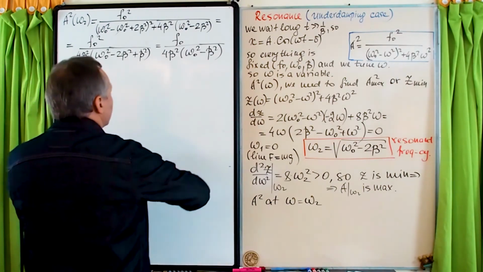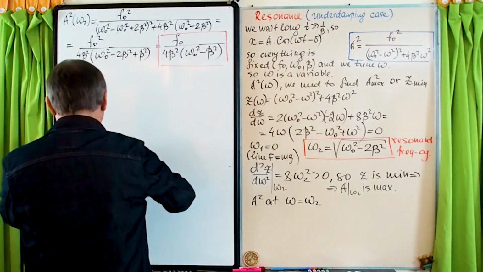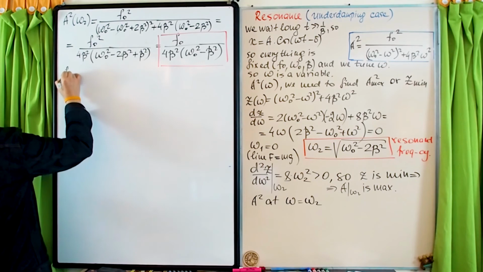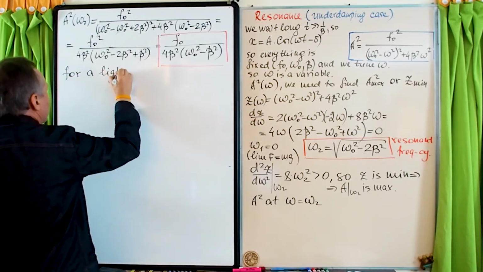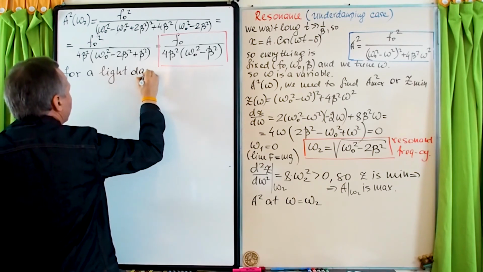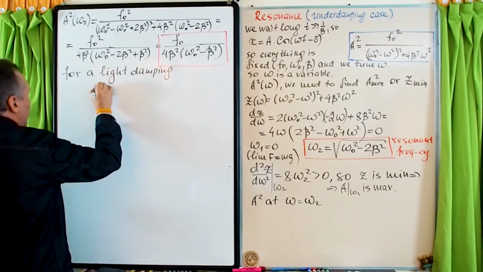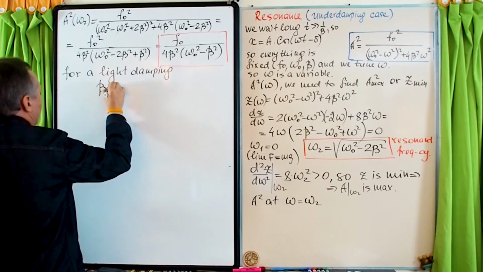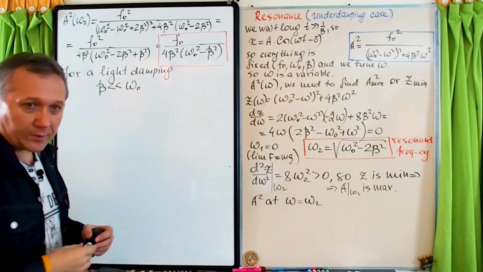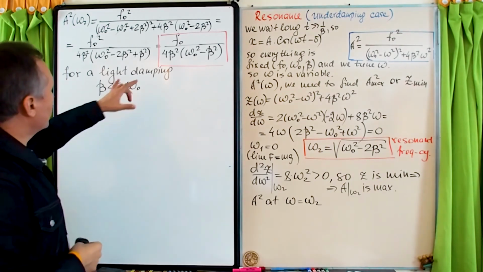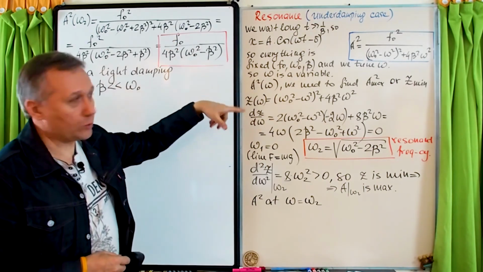Probably I should frame this first, because it's important. And now for a light damping, beta is much smaller than omega naught. So as a result, beta over here is smaller. We can ignore it.